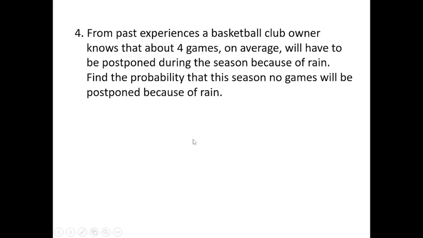Okay, let's analyze. Given lambda equals 4 for postponed games per rainy season. From past experiences, a basketball club owner knows that about 4 games on average will be postponed during the season because of rain. So this is the average, 4 games, per rainy season.